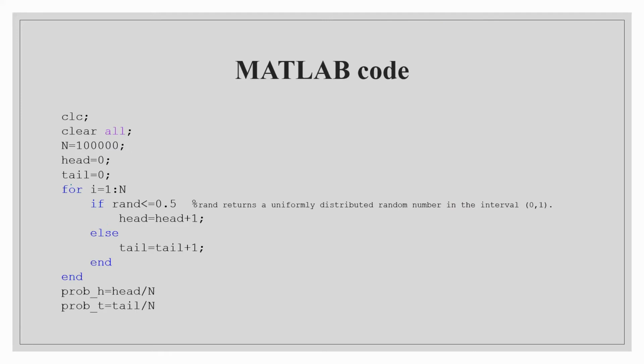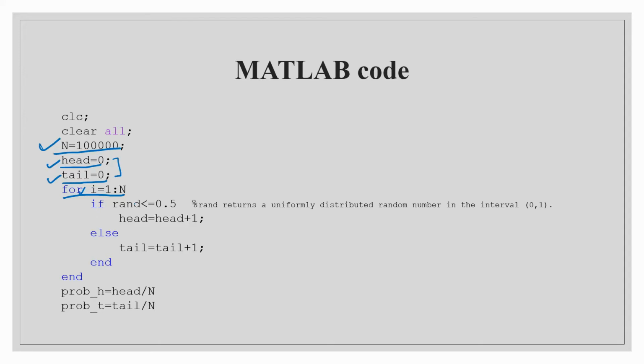You can see that here I have used the simulation for 1 lakh, and these are two variables that I have set to 0, that initially these two variables are 0. Now I have started a loop from 1 to 1 lakh, and this is the if condition.